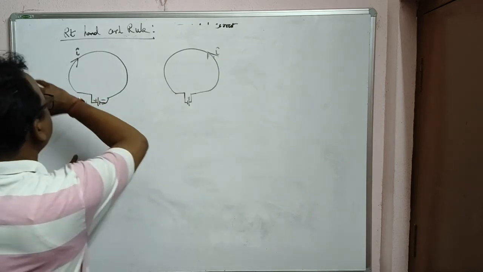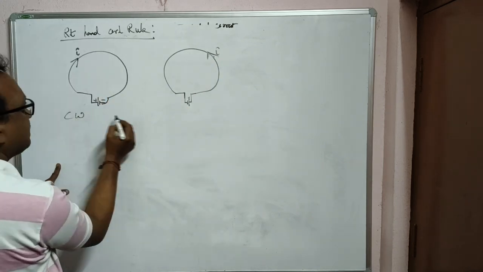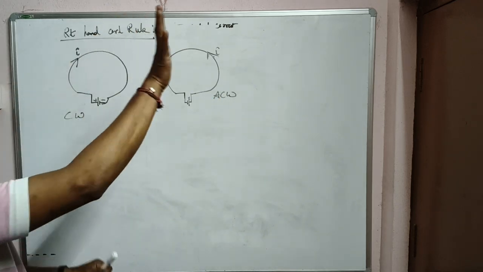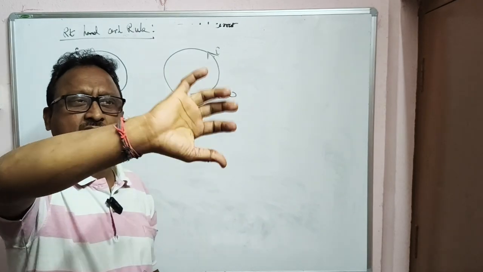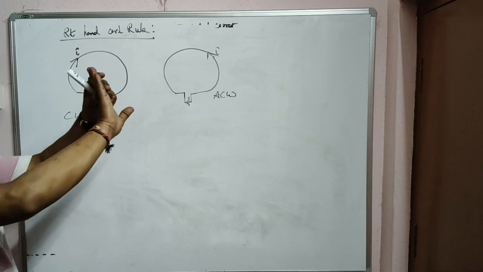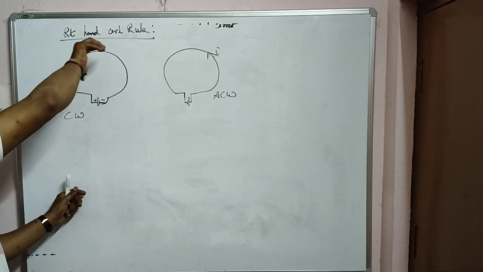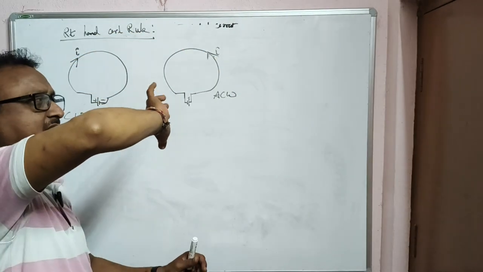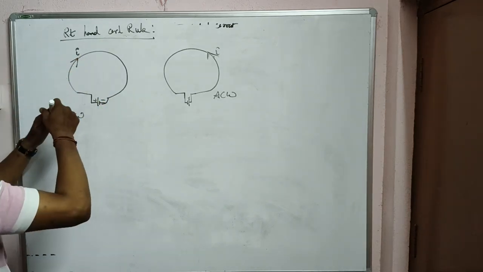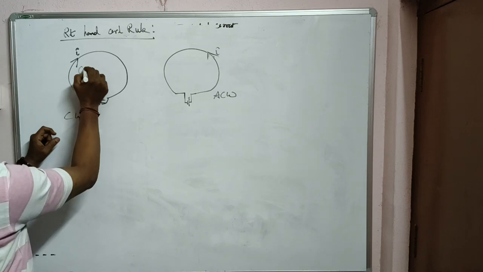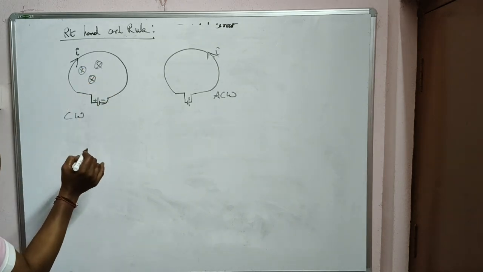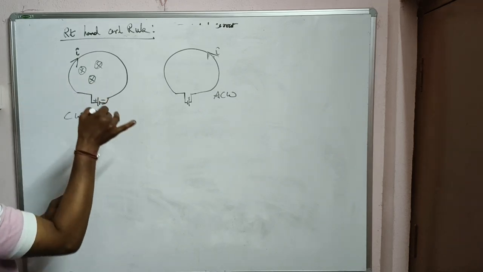So this is clockwise direction and this is anti-clockwise direction. Now in these cases you can apply the right hand curl rule. What is the right hand curl rule? Curl the four fingers along the direction of current. Then you can observe the thumb is going inside. That means in this case the magnetic field is into the board.